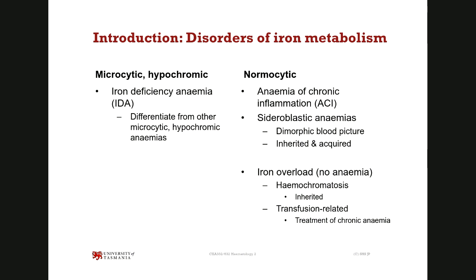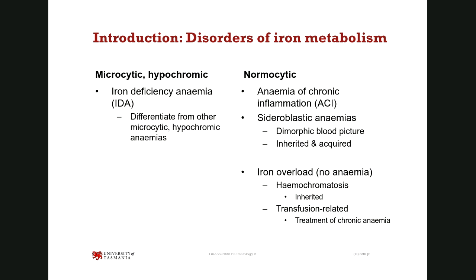So we can see here that iron deficiency anemia is the only microcytic hypochromic disorder of iron metabolism. The others are usually normocytic. Sometimes anemia of chronic inflammation can present as microcytic, but that's often because the people with anemia of chronic inflammation also have an iron deficiency as well. So it's a bit of a double whammy for those people.